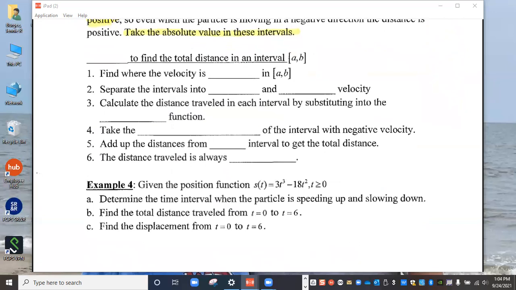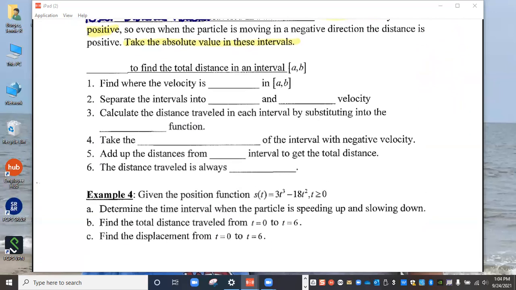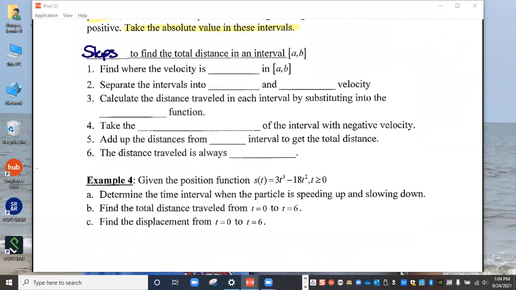So these are kind of your steps to find the total distance traveled. What you want to do is find where your velocity is equal to 0 in that particular interval. So if I want to find total distance traveled from 0 to 5, I want to set my velocity equal to 0. You then have to separate the intervals into where your velocity is positive and where it's negative. And I'll show you how we do that in a minute. We'll do a number line test.